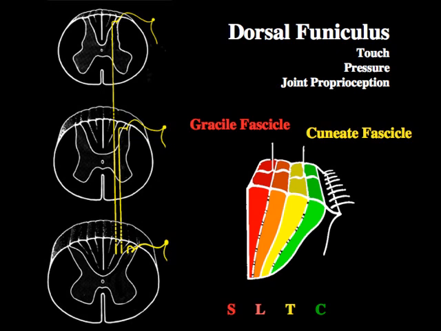Let's have a look at the dorsal funiculus, which you'll remember is coding for touch, for pressure, and for joint proprioception. And here it is in the spinal cord. Caudal spinal cord at the top, going through to cranial spinal cord at the bottom.